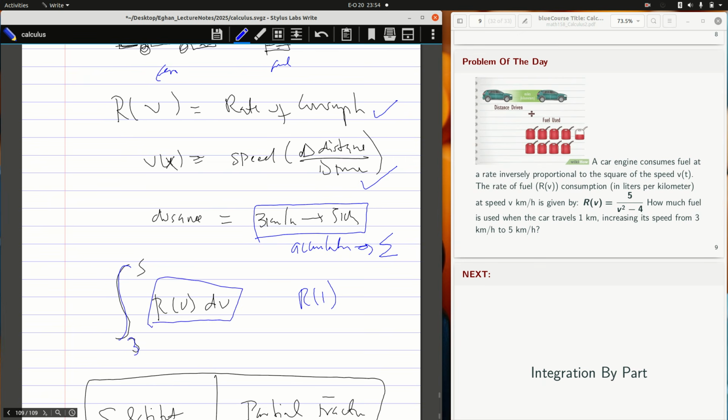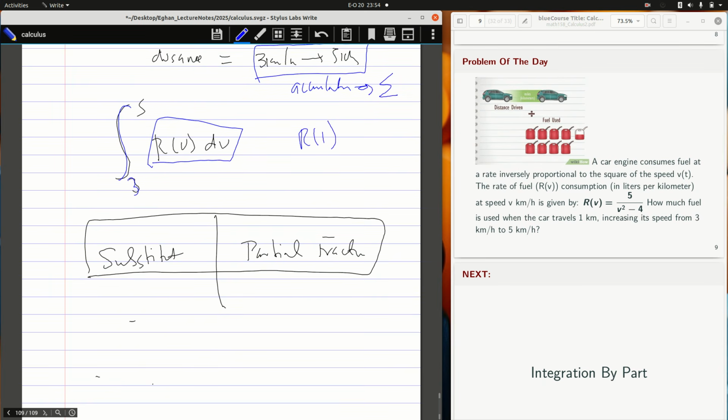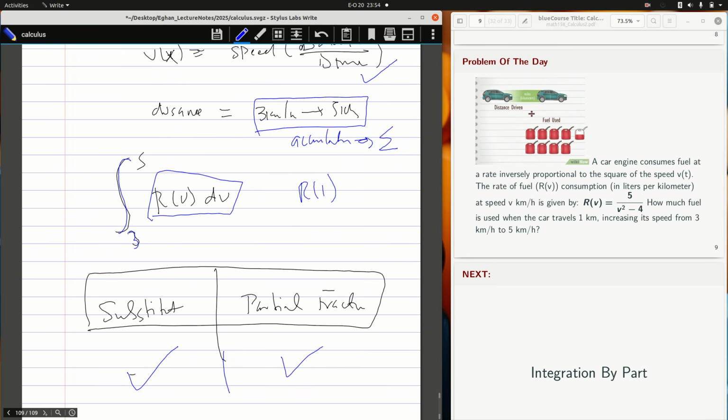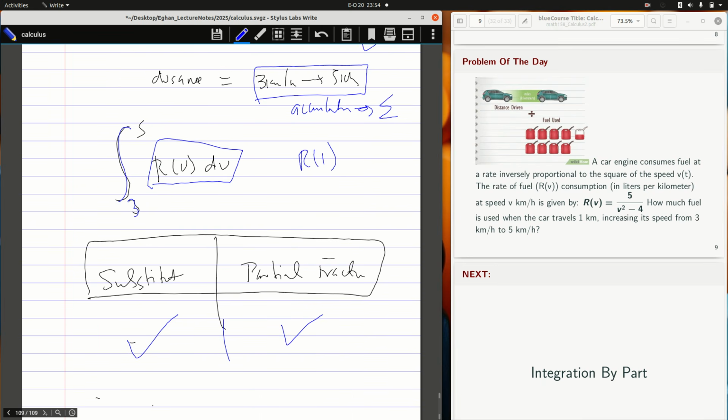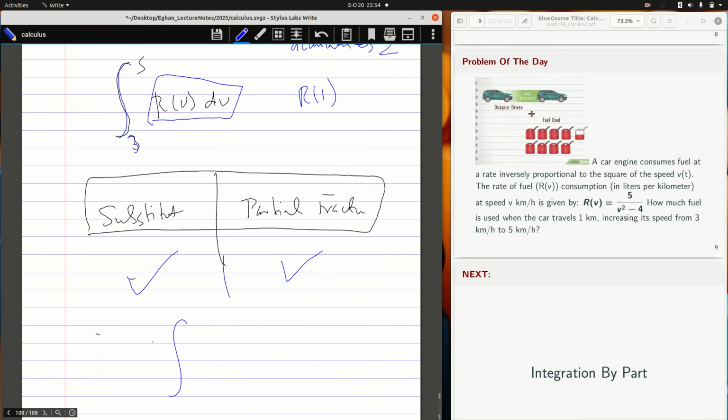The question is, are you going to use substitution or partial fractions? When you look at the function for R of V, it's as if I have the integral from 3 to 5 of 1 over v squared minus 4 dv. Are you going to use the substitution method or partial fractions, and why? Let's do that and see which one is best for our question.